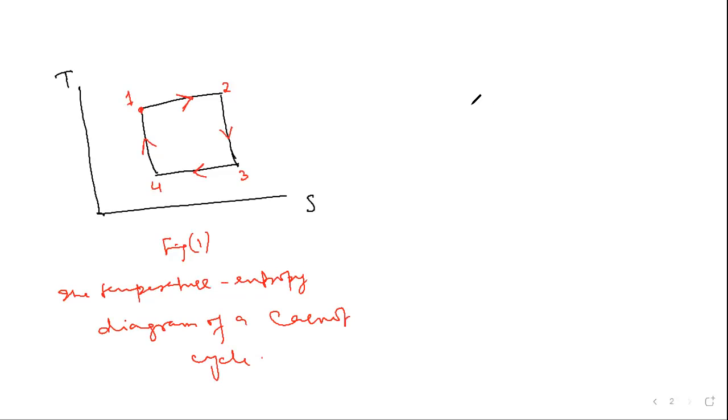Let me compare it with the PV diagram. Remember the PV diagram of a Carnot cycle. It's like this. Let me use another color here.